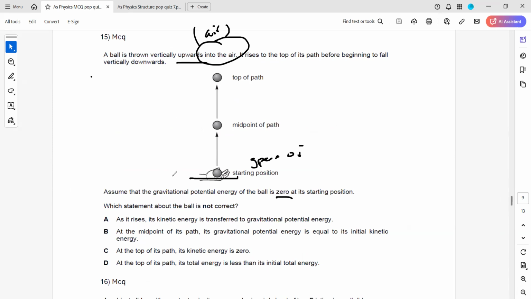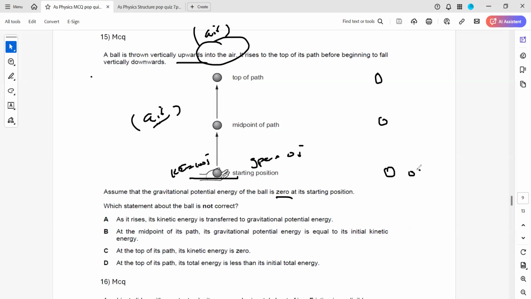Let's take, say, 100 joules of kinetic energy. But because air is present in this question, it will lose some energy to the surroundings. So at the midpoint, what if there was no air? The same question would be asked with or without air.